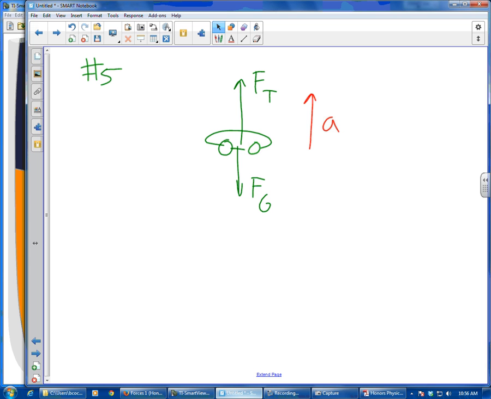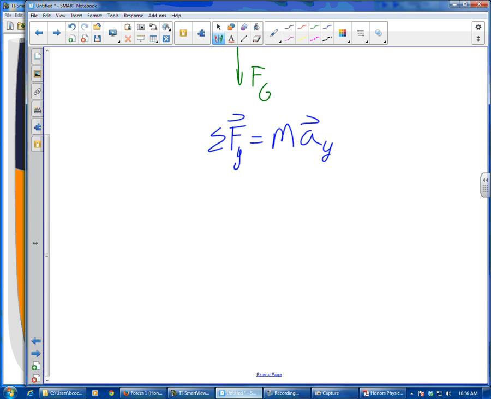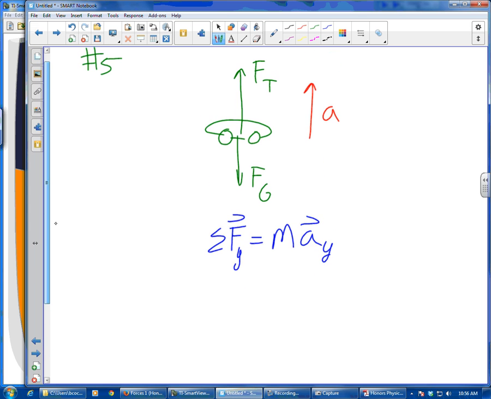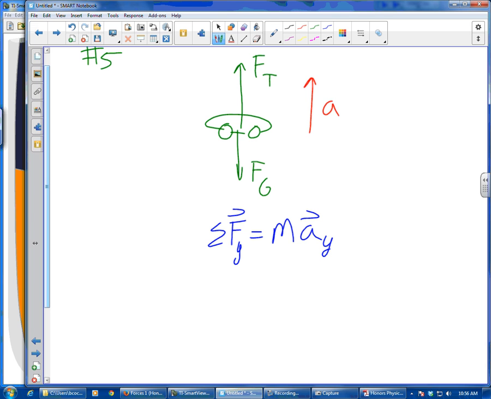Okay. So, of course, I start with my only equation. Sum of the forces equals inertia times acceleration. I notice that everything's in the y direction, so all I'm going to worry about is the y direction. In the y direction, I've got F tension minus the weight equals the inertia times the positive acceleration, because acceleration's up also.